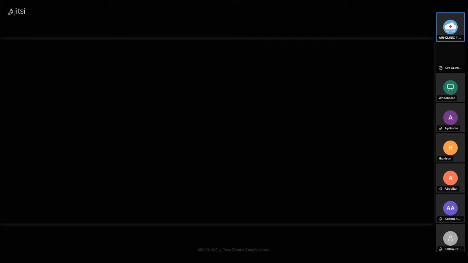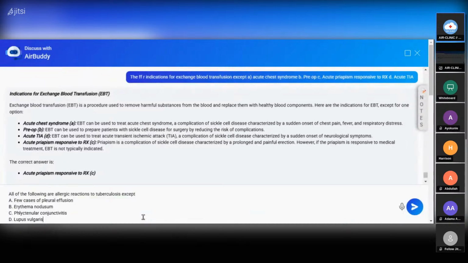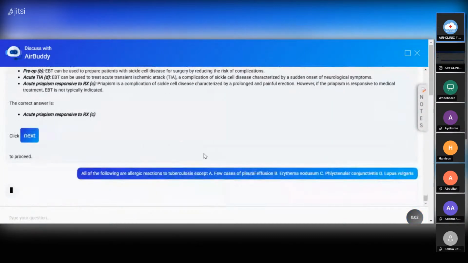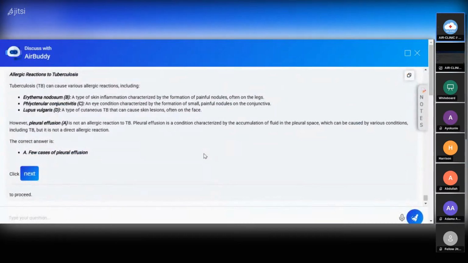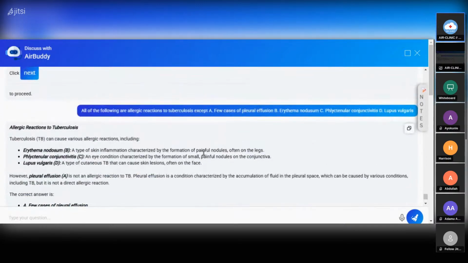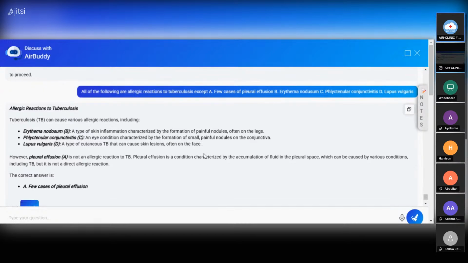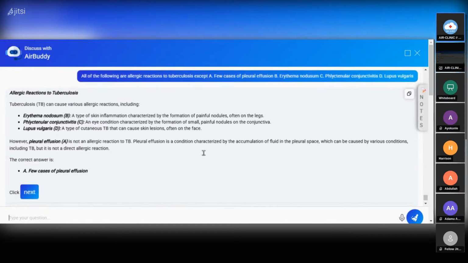Okay, let's discuss with everybody. The pleural effusion is not allergic.